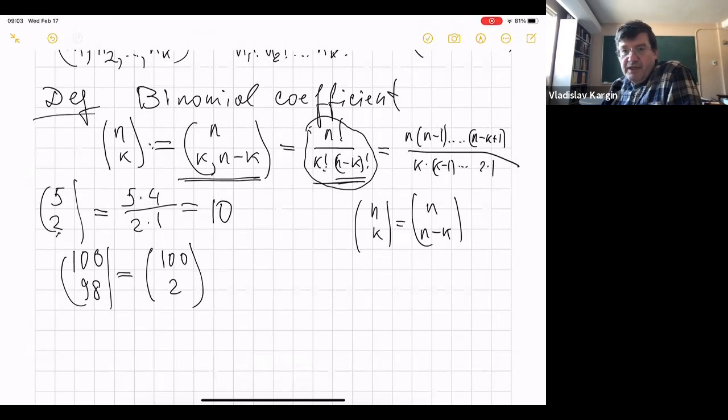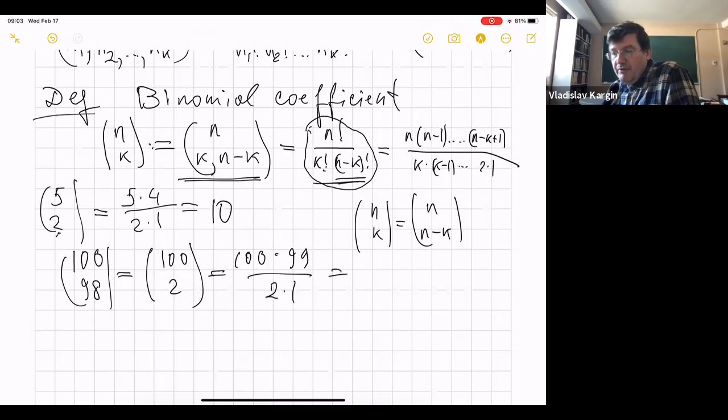So 98 out of 100, which is how it's usually named, is equal to 2 out of 100. So it's equal to 100 multiplied by 99 divided by 2 times 1, which is easy to calculate, at least easier than calculating 98 factorial.